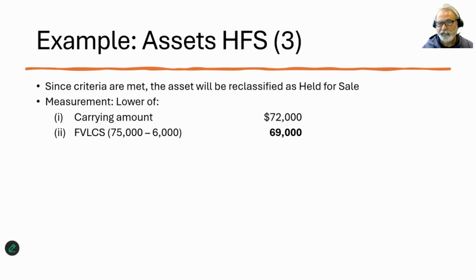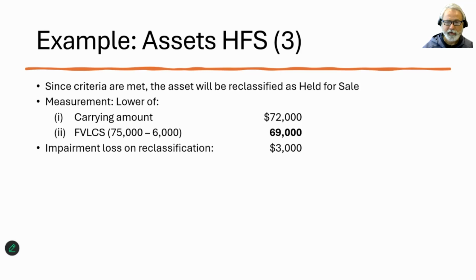So 8% of 75,000 works out to $6,000. Fair value less cost to sell in that case becomes 69,000. 69,000 is lower than 72,000. So that means there is impairment loss resulting from the reclassification, $3,000.